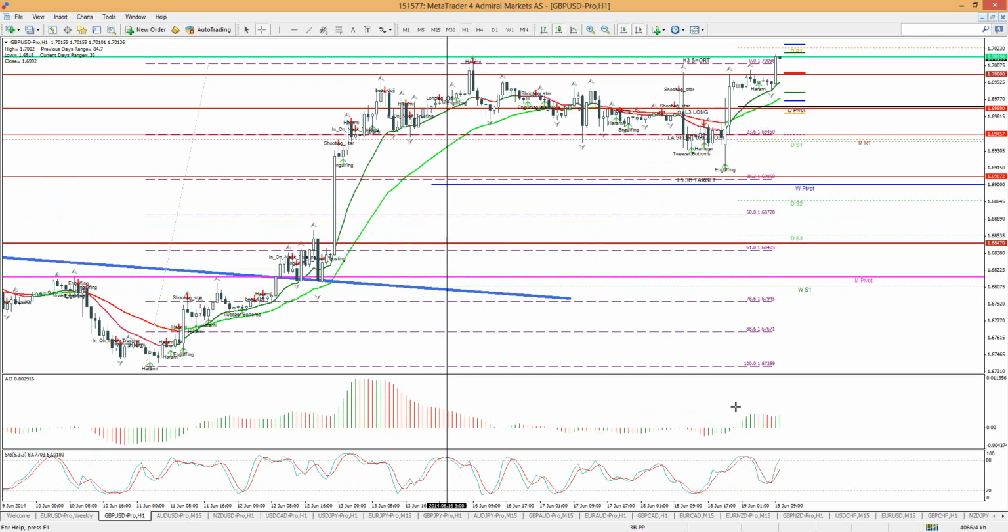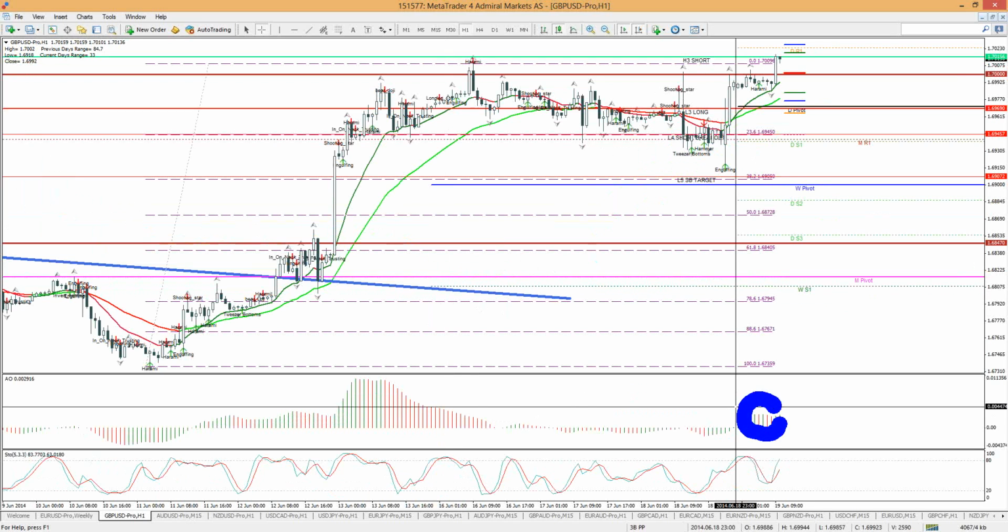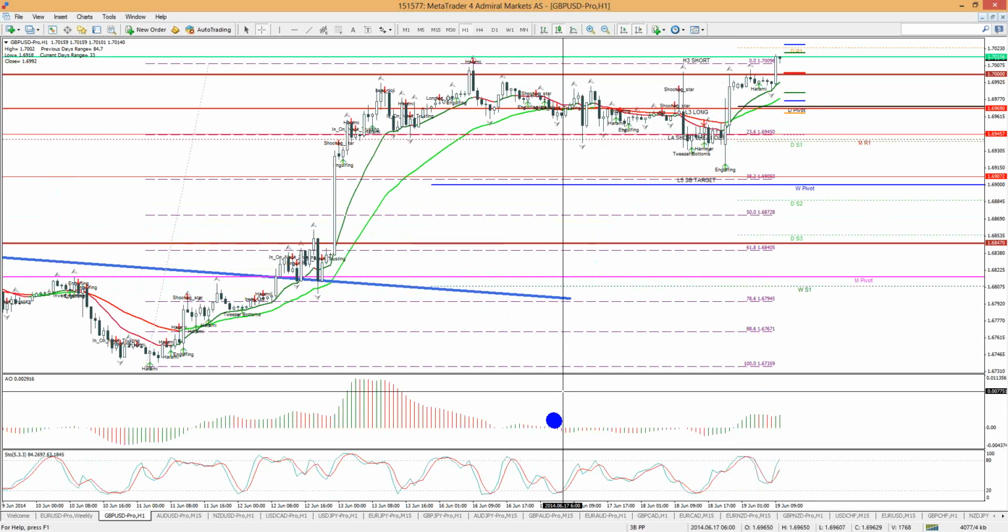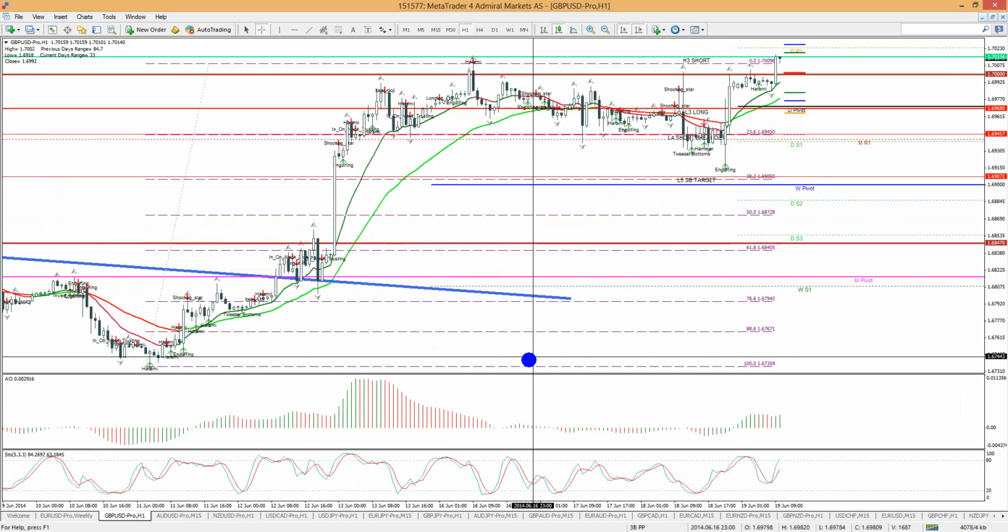At the moment, by the way, the hourly AO is still building to the upside. Now, I talked about the AO at the beginning of the webinar and said how you can use it for wave analysis. Basically, what you want to do is wait for the AO to get back to the zero line, and then you know that the particular wave or swing is most likely one wave or one leg, right?